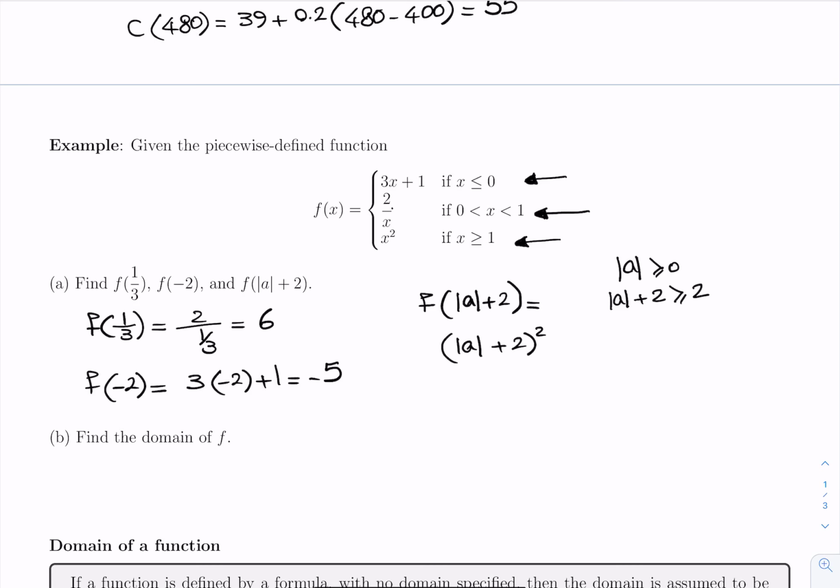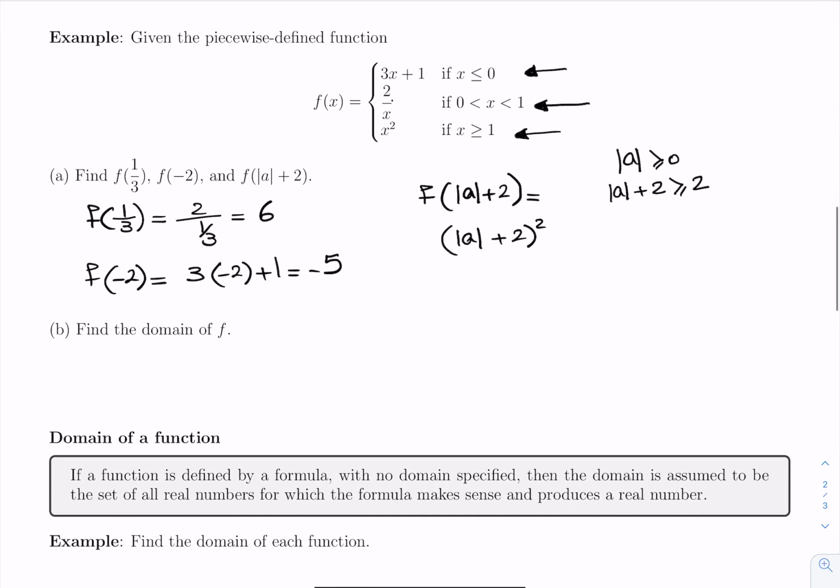What is the domain of this function? Domain is the set of all x's. I will look at each of these conditions and look at the interval that each condition will cover. Then we will consider the union of all these intervals in order to define the domain of this function. Starting with the first condition, x less than or equal to 0. So that's everything less than or equal to 0 included in the domain of f.